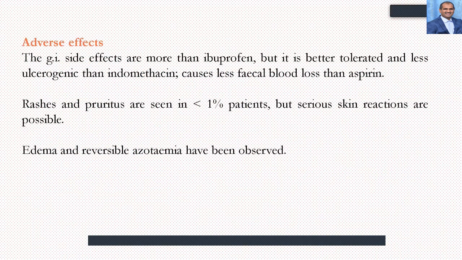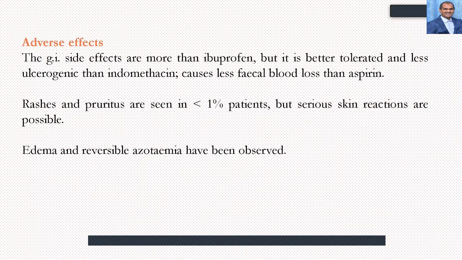And adverse effects, as usual: the GI side effects are more common than with ibuprofen, meaning it is a potent GI ulcerogenic agent, but it is better tolerated and less ulcerogenic than indomethacin and causes less fecal blood loss than aspirin. So aspirin is always causing fecal blood loss.